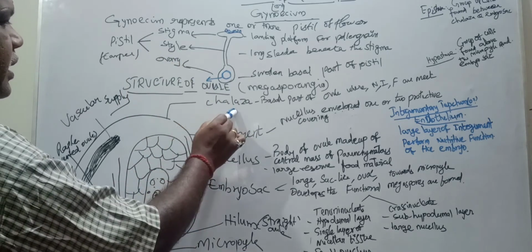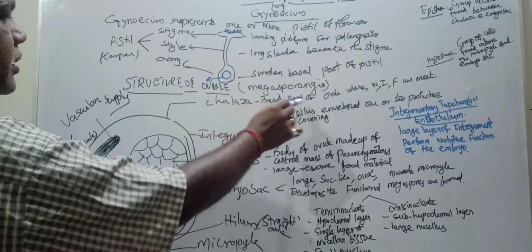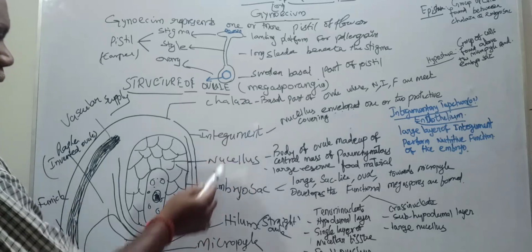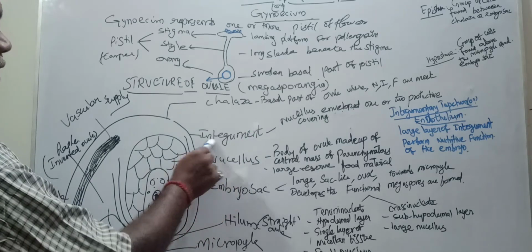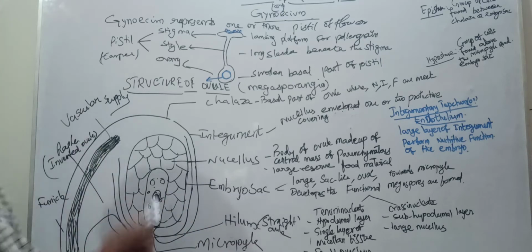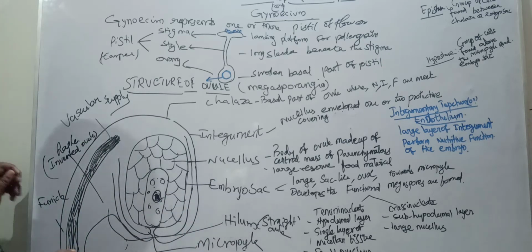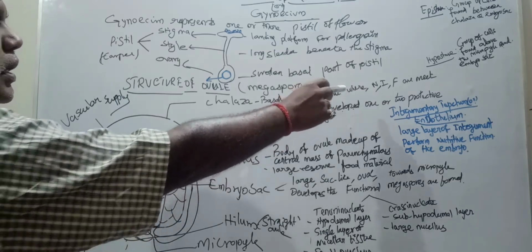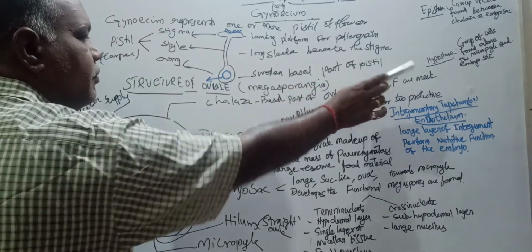The chalazal end contains the basal part of the ovule where nucellus, integument and funicle meet.